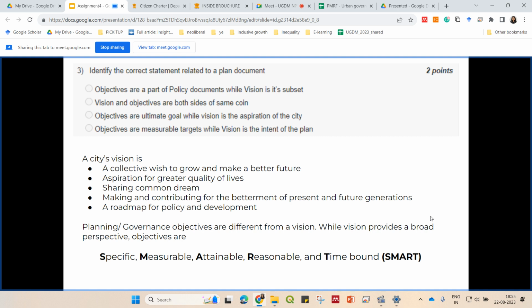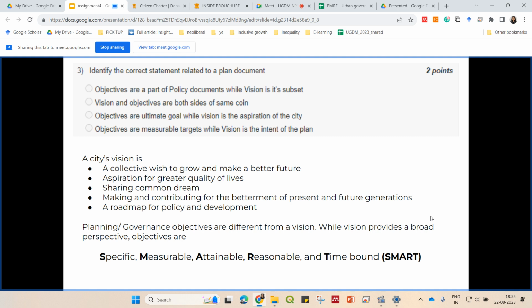So objectives are framed in a way that you can even identify or define that within this time frame this objective should be completed. So, with every objective, you have a specific time period also. While city's vision can or cannot have a time frame.